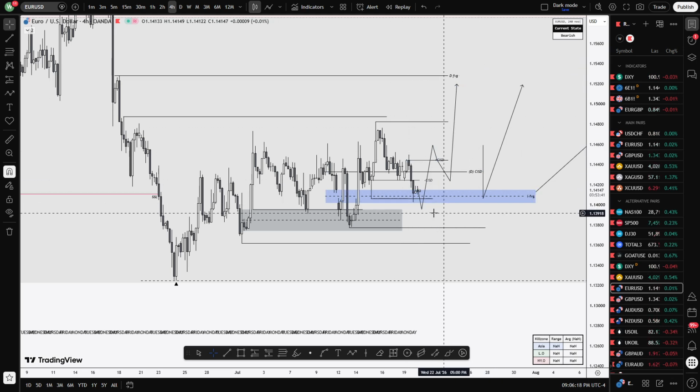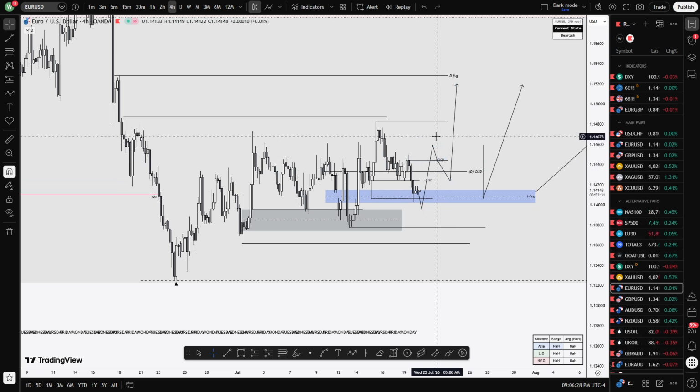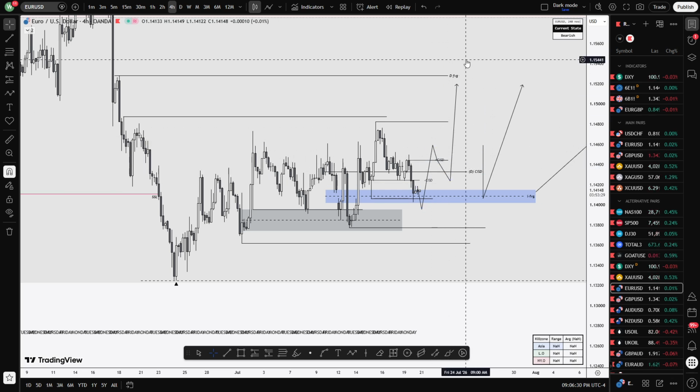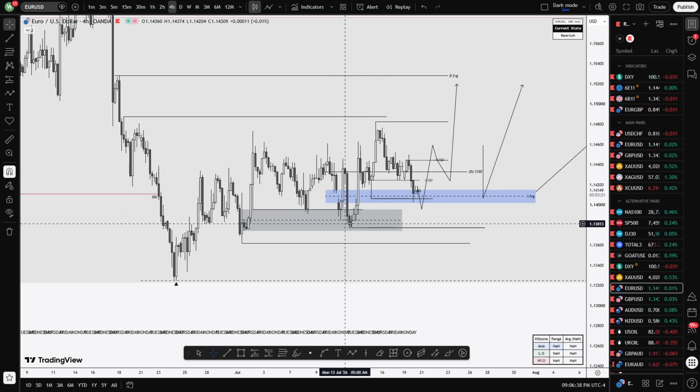Because we need to either go long or go short, right? To go long, we need to see price break above this high, then we wait for the pullback and tag along.